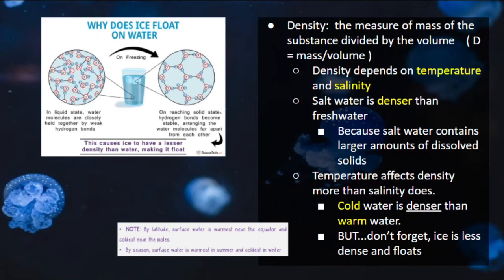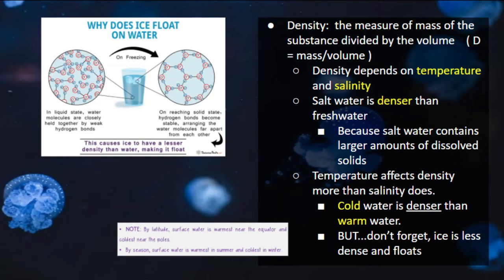Now, density. Density is the measure of mass of a substance divided by the volume. In other words, D is equal to M over V. This is something that you have definitely learned in math classes like geometry, and also if you have any physics classes, you'll definitely be utilizing this formula.